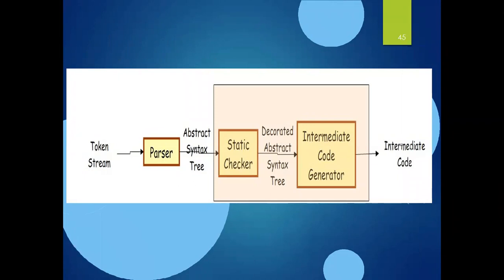By performing the parsing techniques, finally I generate an output in the form of a parse tree, which we also call an abstract syntax tree. This is given to the semantic analysis as input. And now by using the static checkers in the semantic analysis, the implementation takes place, and finally it generates a decorated abstract syntax tree.